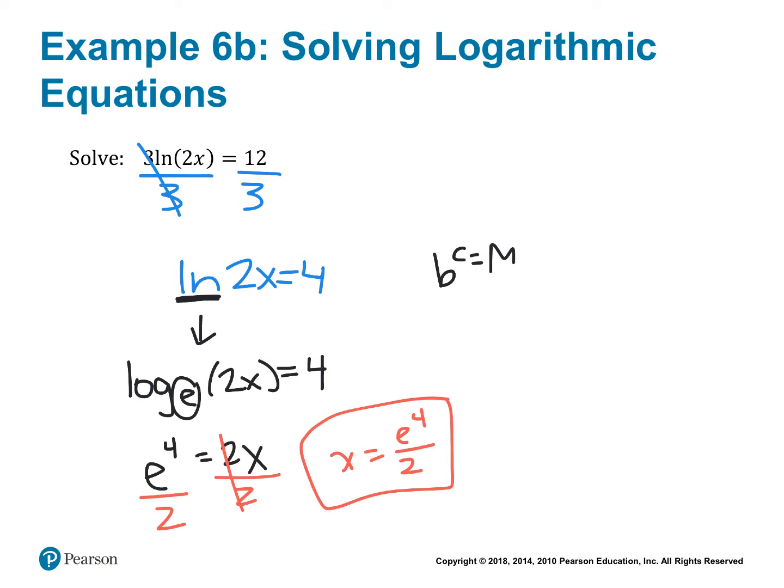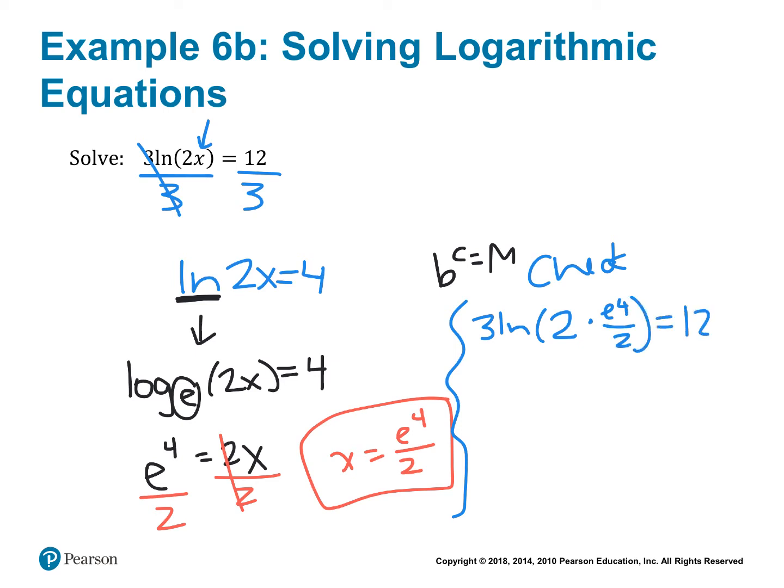Okay, let's go ahead and check this one. We're going to plug it back in for x here. My 2's cancel, so I'm left with 3 times the natural log of e to the 4th equals 12.